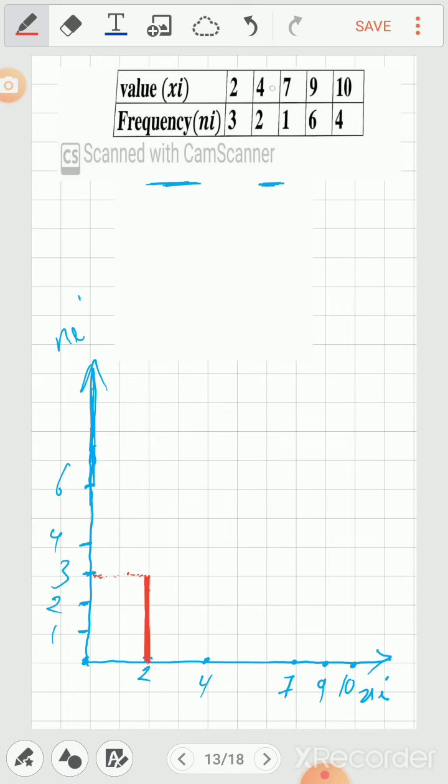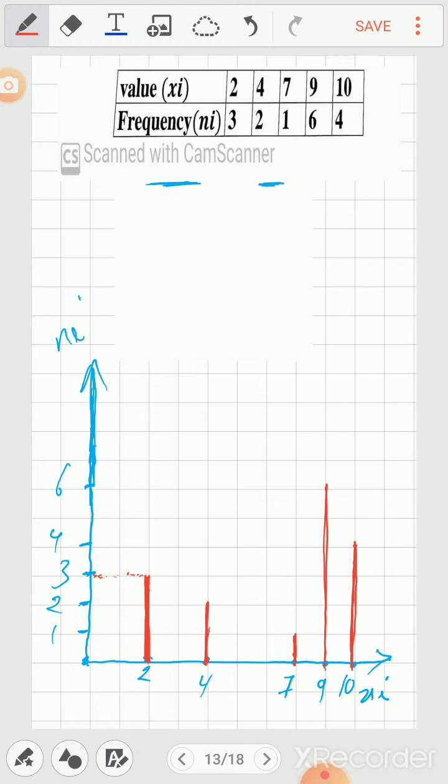The height at 4 is 2. The height at 7 is 1. The height at 9 is 6 till here. The height at 10 is 4, here till here.